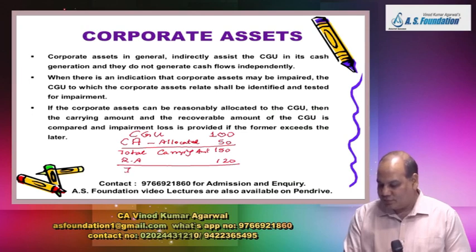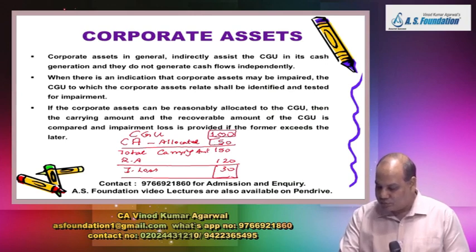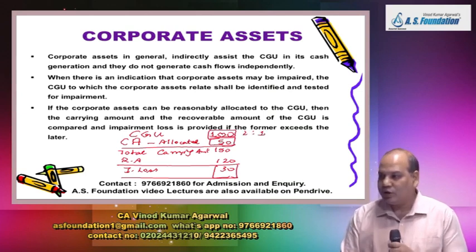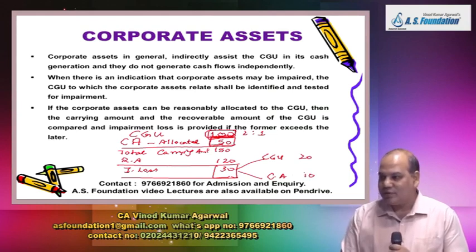Is the asset impaired? So impairment loss will be 30. Right? How will you allocate it? We'll allocate it to CGU and corporate asset in the ratio of 2:1. So CGU gets 2/3 into 30, which is 20, and corporate asset 10.